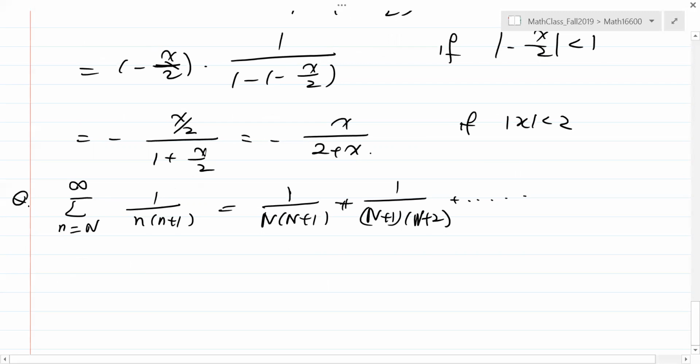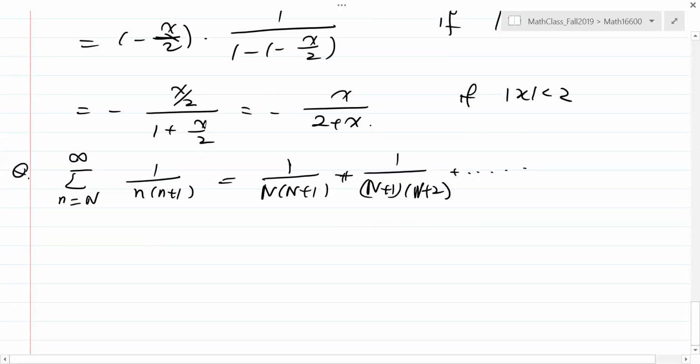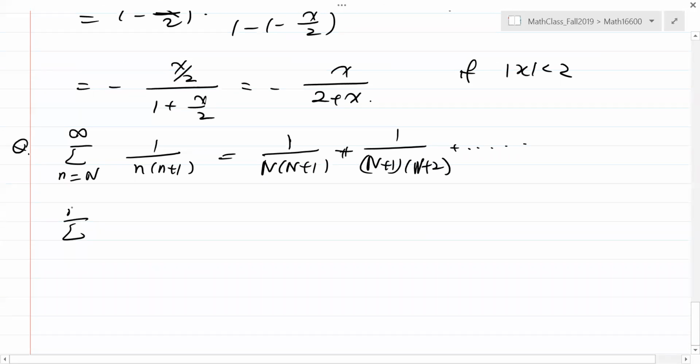If we add these terms together, do we get a finite sum? In other words, what is the limit of this as m approaches infinity?